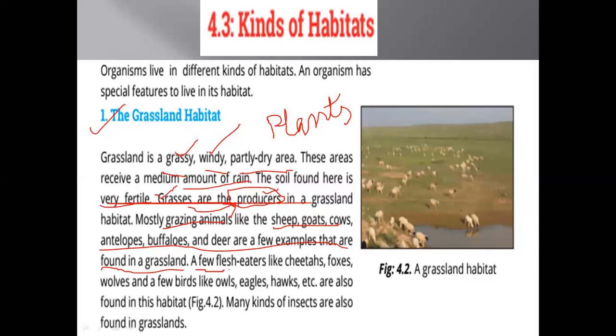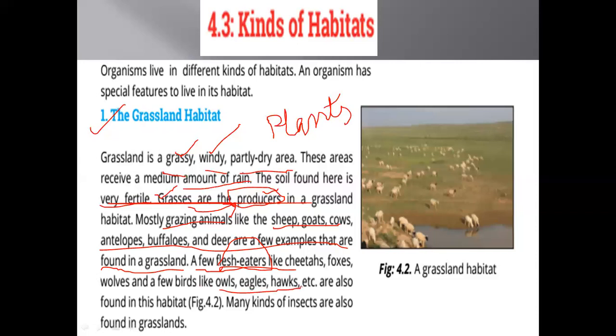So here some carnivores are also present. Carnivores are those animals which feed on other animals, like they eat flesh, or they are called flesh eaters, like cheetahs, foxes, wolves, and a few birds like owls, eagles, hawks, vultures.